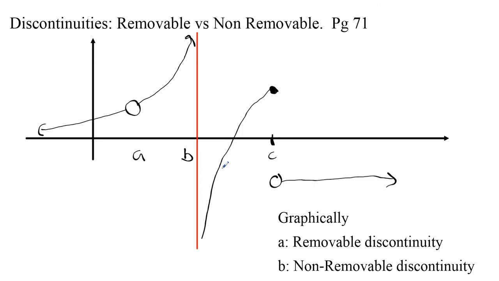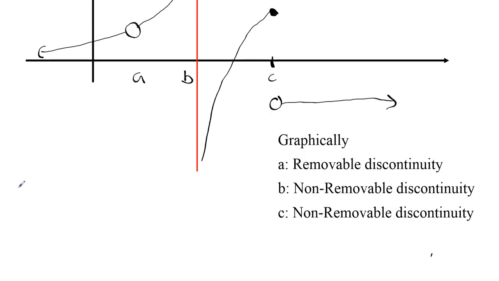This one, the limit doesn't exist, the value of the function does exist, but since the limit doesn't exist, the value of the function and the limit can't be equal, so it's also non-removable. So we can see that there's one removable and one non-removable.